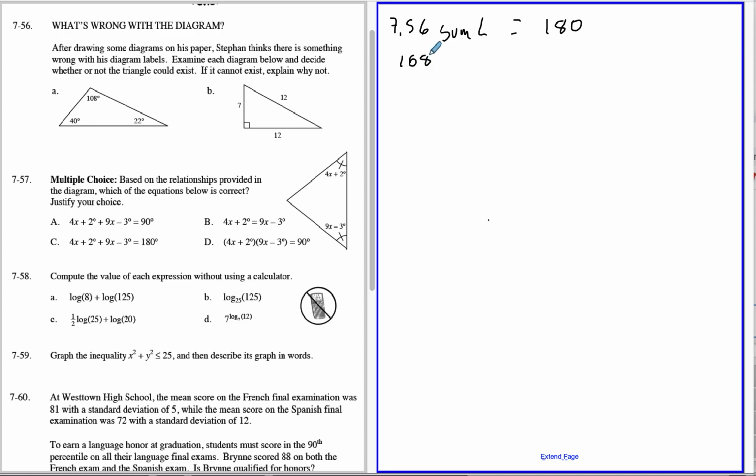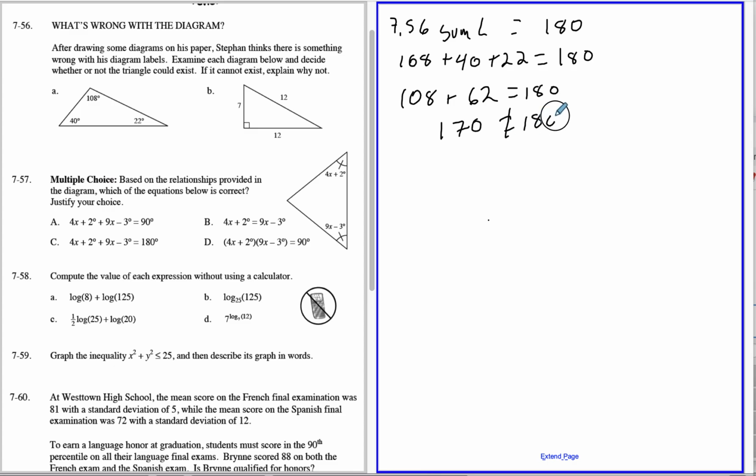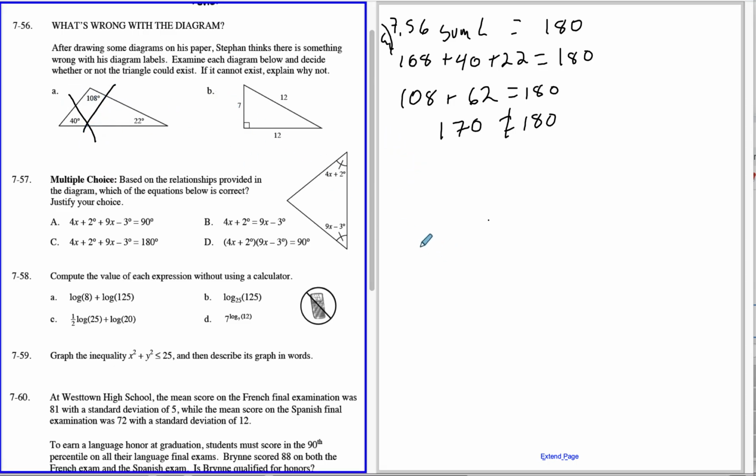So we have 108 plus 40 plus 22 equals 180. 40 plus 22 is 62. 108 plus 62 is 170. 170 does not equal 180. So that means this first one is not a real triangle. Okay? Does not exist.